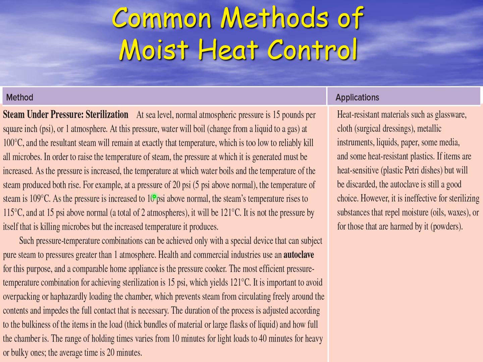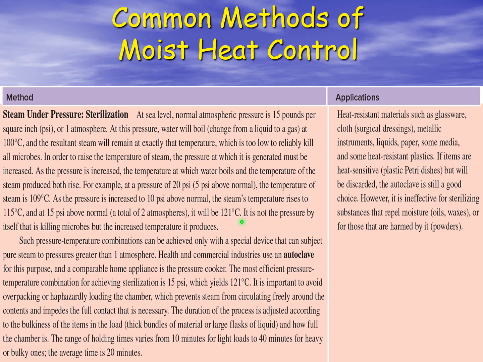So for example, at a pressure of 20 pounds per square inch, so 5 pounds per square inch above normal, the temperature of the steam is 109 degrees Celsius. As the pressure is increased to 10 psi above normal, the steam's temperature rises to 115 degrees Celsius, and at 15 psi above normal, that's a total of 2 atmospheres, it will be 121 degrees Celsius.